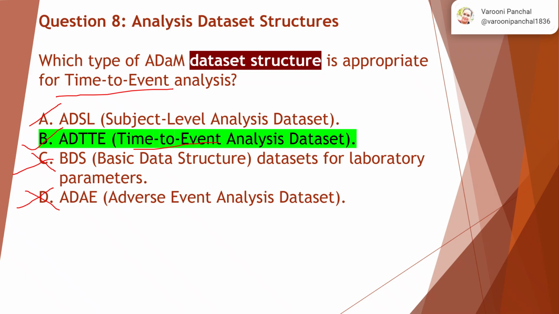And the subject level analysis dataset, which is ADSL, has one record per subject, whereas in time to event you will have multiple events and multiple time points. So it does not fall under the ADSL structure, it does not fall under the BDS structure. It falls under the time to event structure.